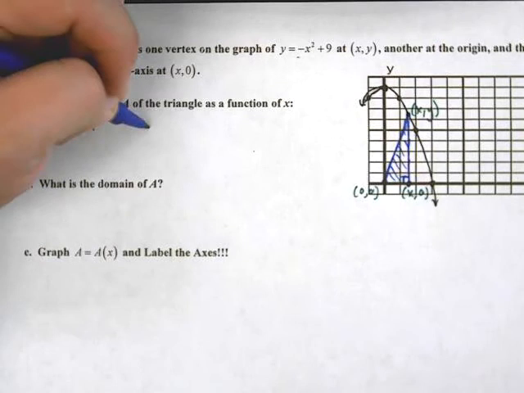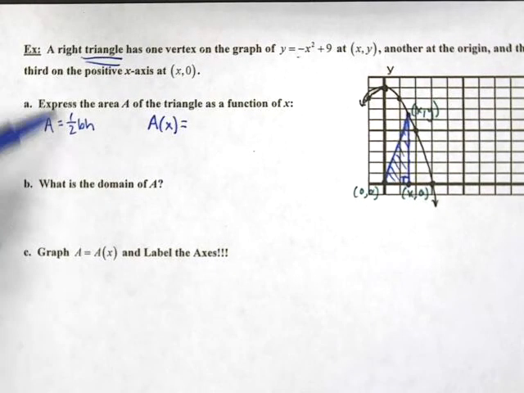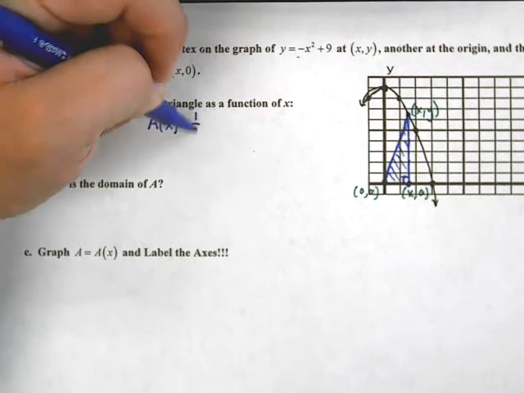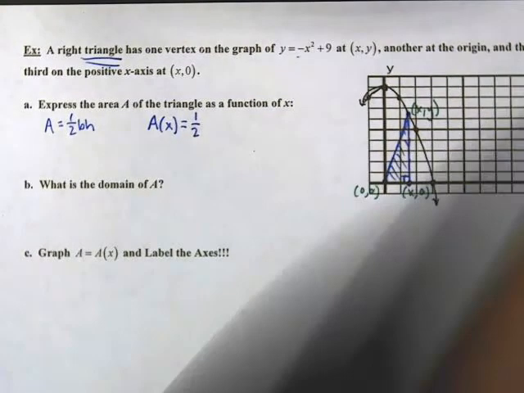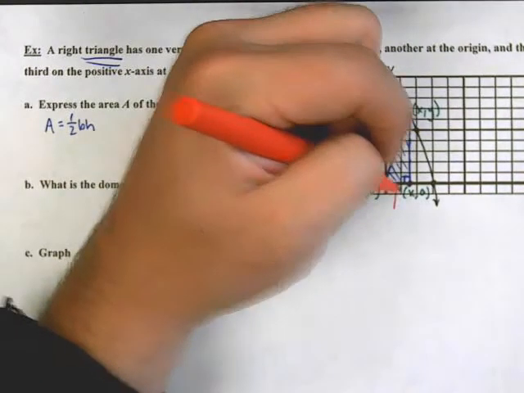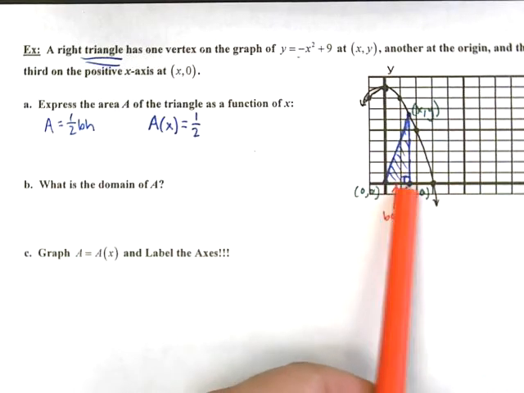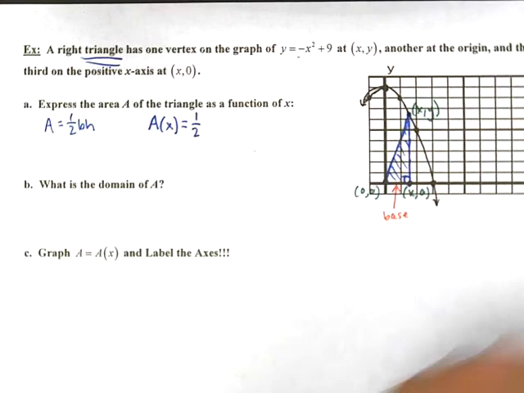So we're going to go with A of x, and now we have to start replacing things. Well, 1/2 stays. My base, what do you think? My base is just the distance between the origin and this point. So what is the distance? x.